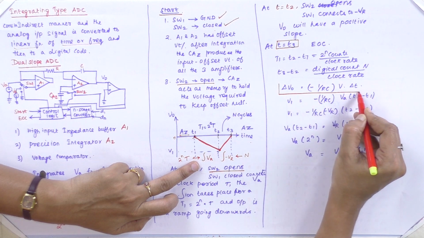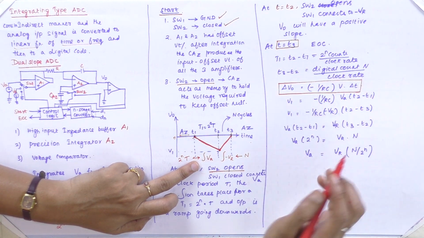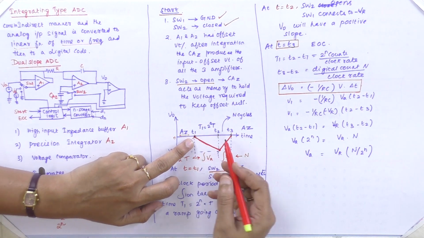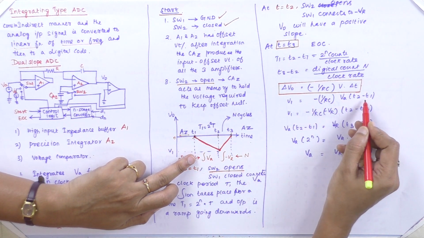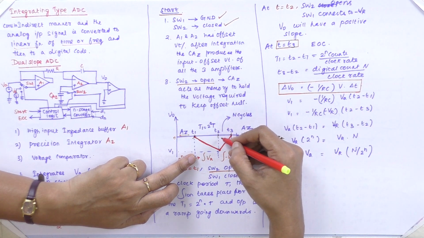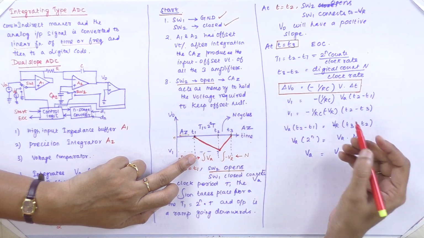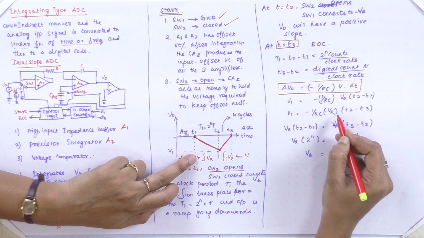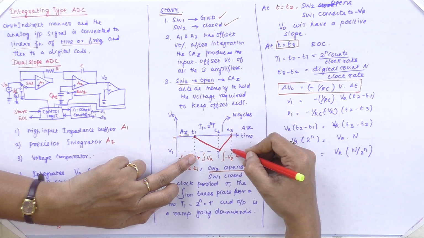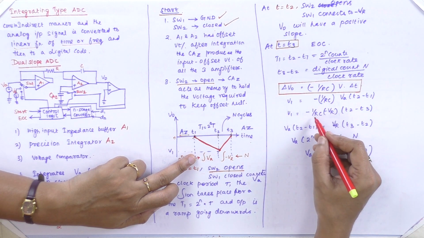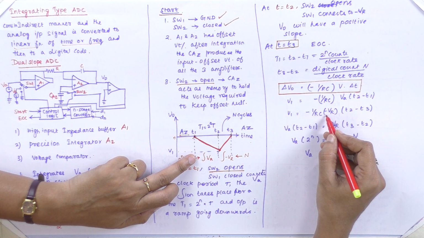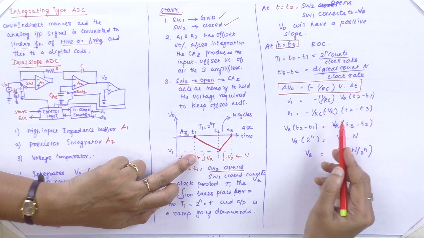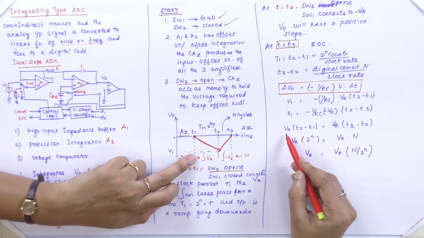This is the general expression for an integrating circuit. Between T2 and T3, V1 is the integration of the reference voltage: minus 1 by RC of minus VR into T3 minus T2.